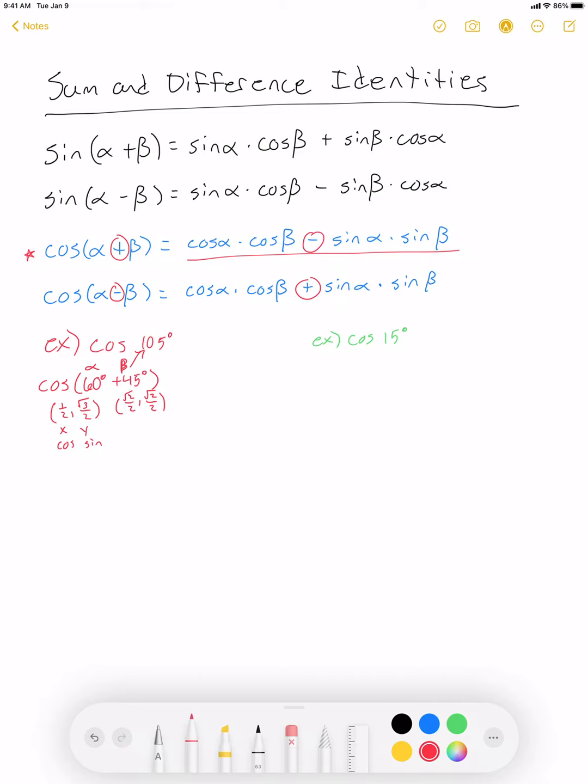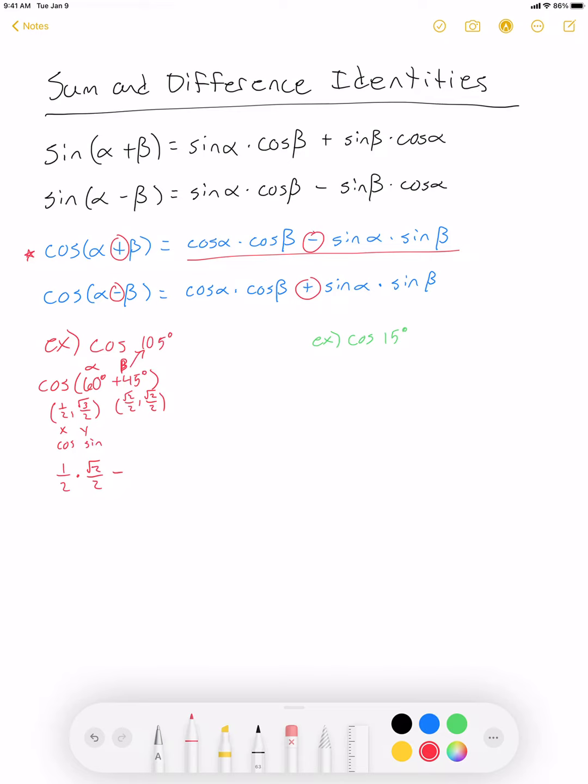Now, when we follow the formula, remember, alpha represents the first number in our parentheses, which is 60. Beta represents the second number in our parentheses, which is 45. So let's follow this formula. The cosine of alpha, the x value of 60 degrees, is 1/2, times the cosine of beta, the x value of 45 degrees, which is radical 2 over 2.